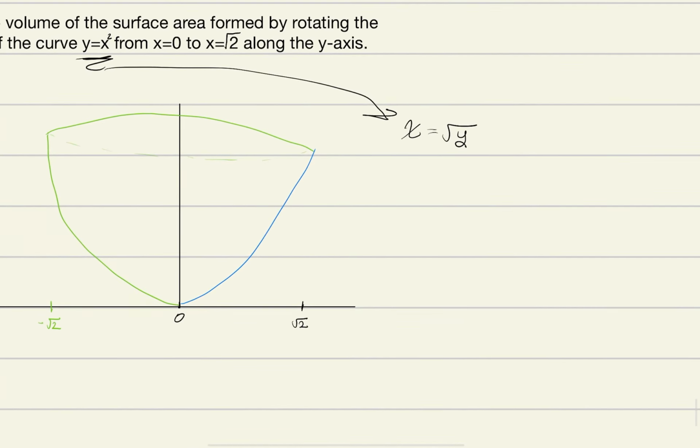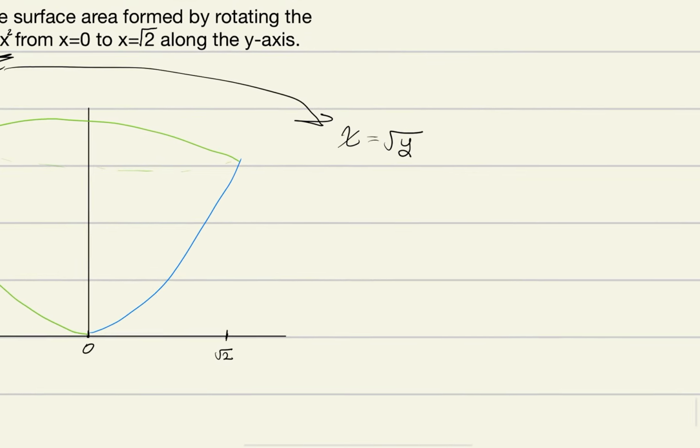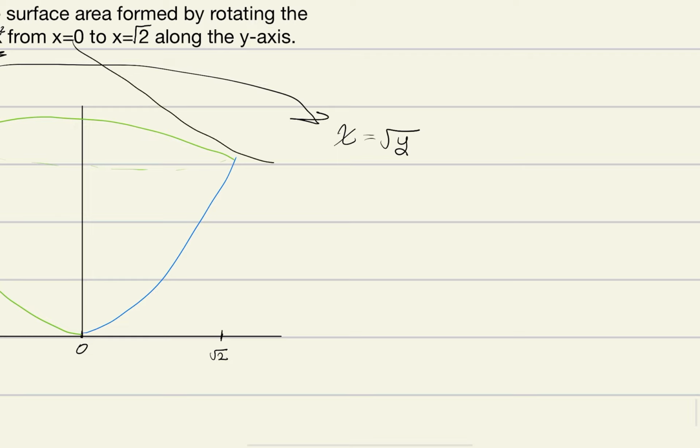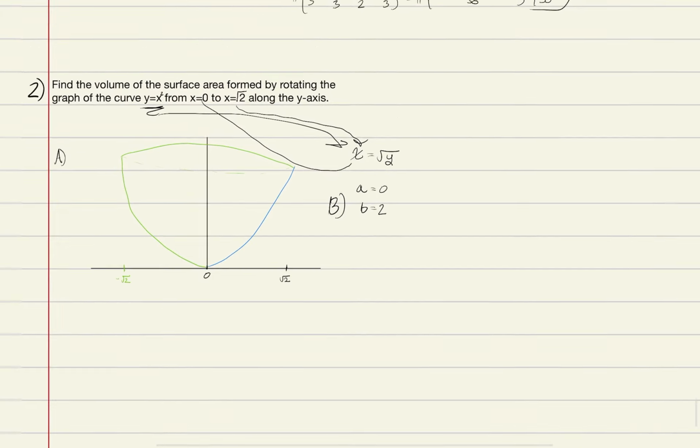And since these limits were in terms of x, we need to get them in terms of y to find our new limits. So when we plug 0 into x, we get a value for a, which is equal to 0. And when we plug root 2 into x, we get a value of 2. So there are our new limits.